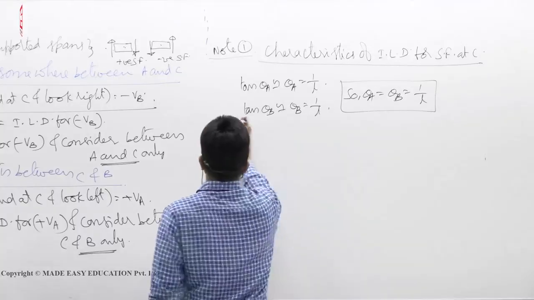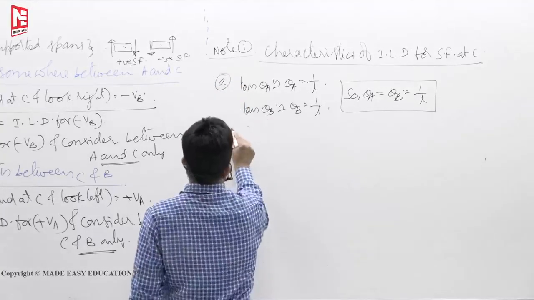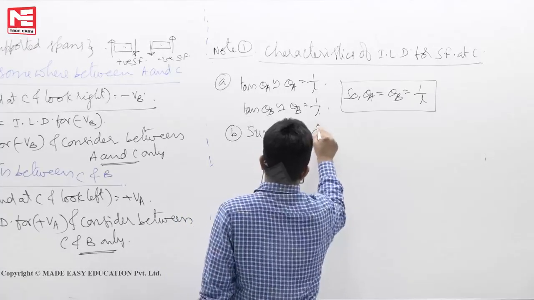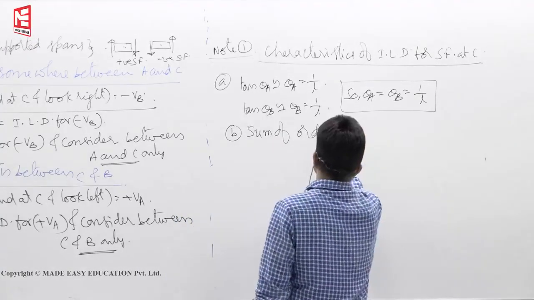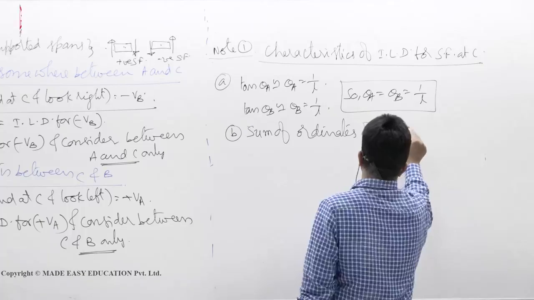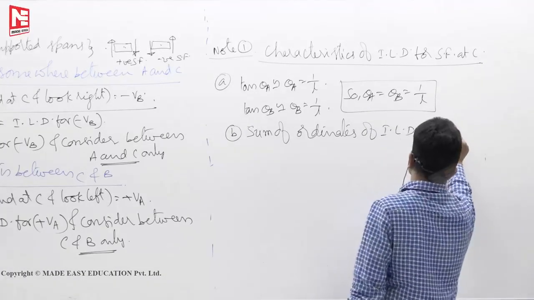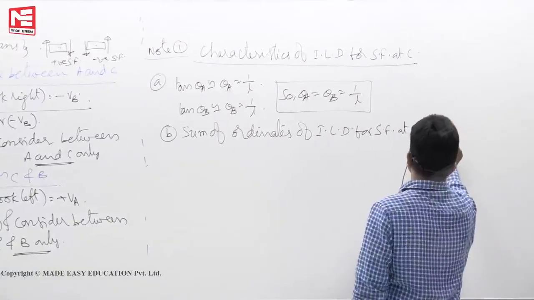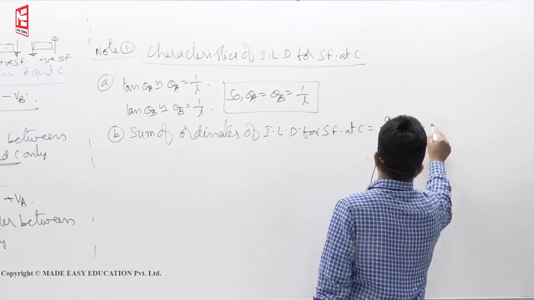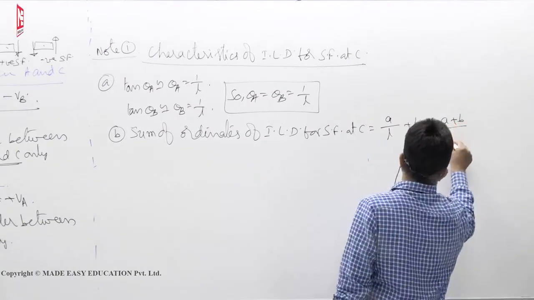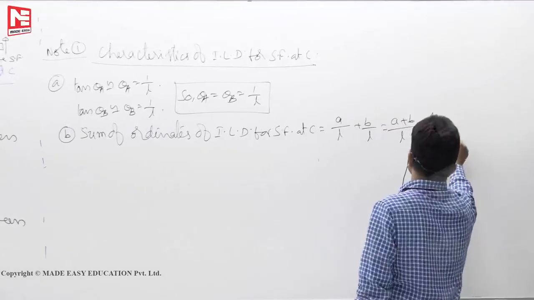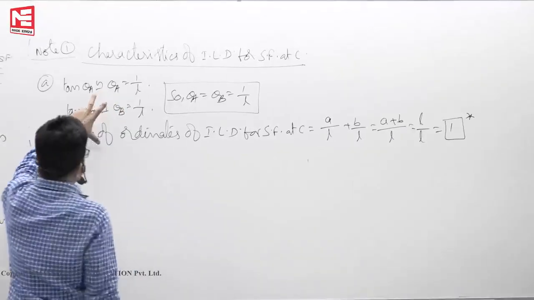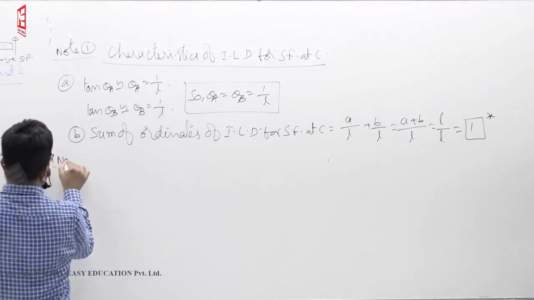This is the first point. Second point is the sum of ordinates of the ILD for shear force at C. What will we get? A by L plus B by L. I can write (A plus B) by L. A plus B is nothing but L by L, which is 1. These are the observations.